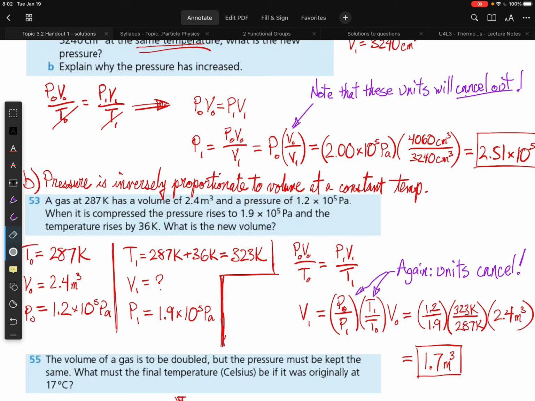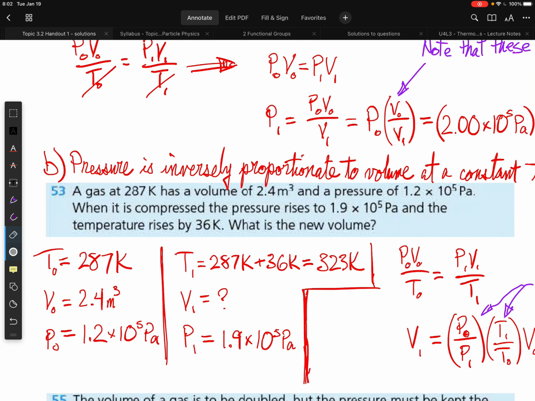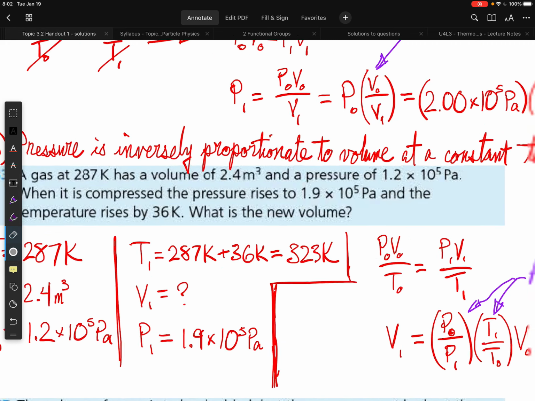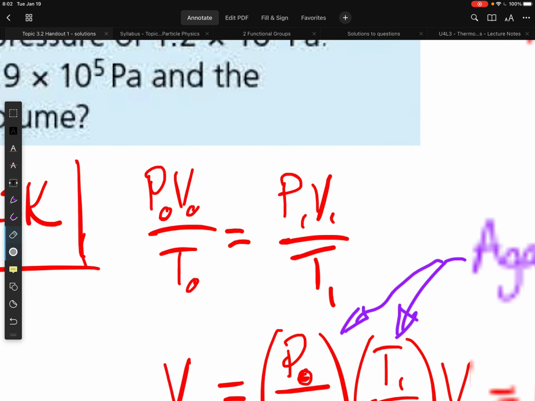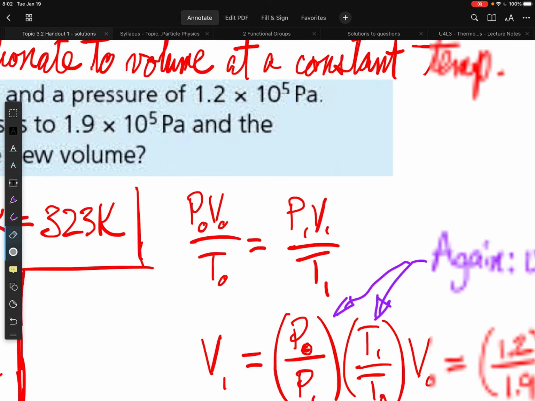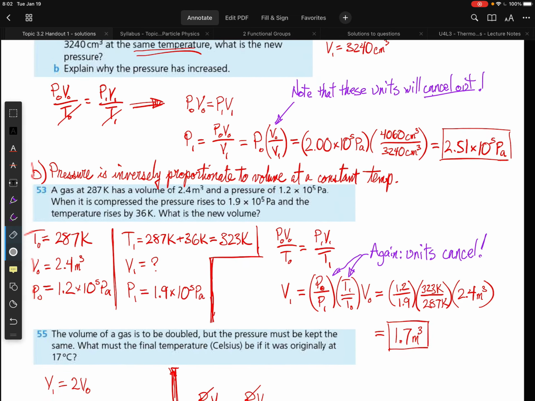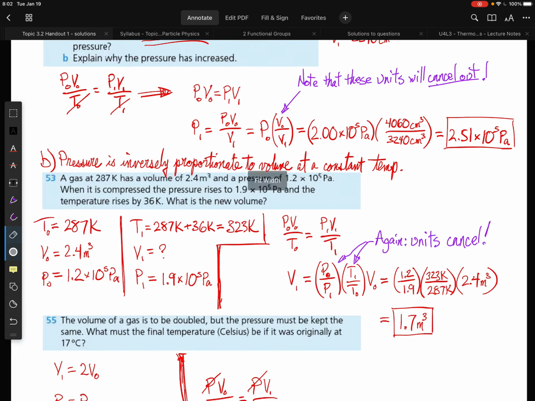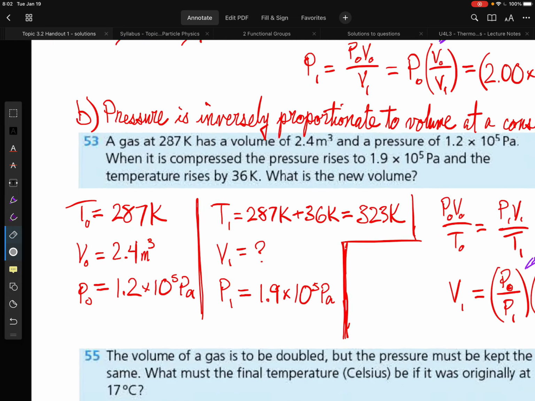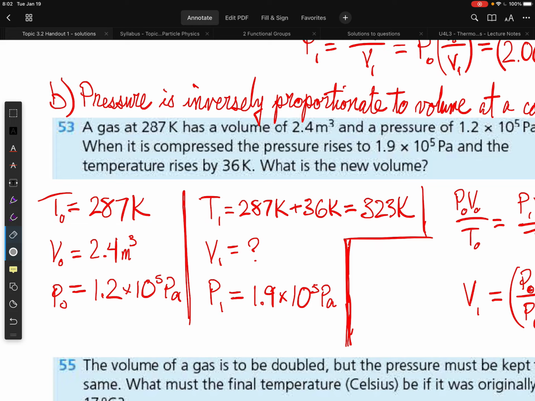Okay, next one, very similar mathematics, except this time we also have a temperature increase. Normally this would be a problem, but with this equation, it's not a problem at all. We have 5 of the 6 variables that we need. So we just plug all 5 of those variables in after carefully defining them.